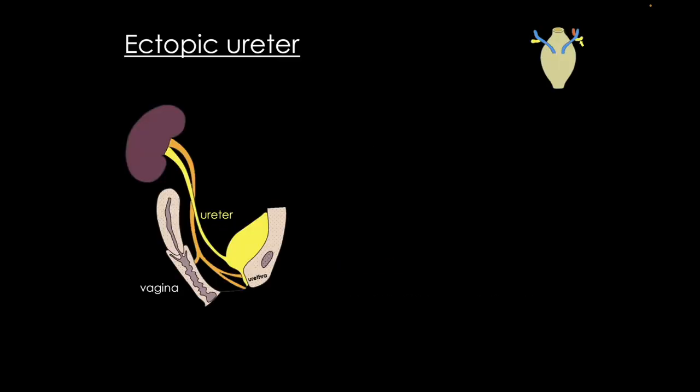So here you can see a kidney, and in yellow you see the normal ureter that is coming from the kidney and emptying into the bladder. And so we see urine coming out of the urethra. But we also see this ectopic ureter in orange that has abnormal entrances.